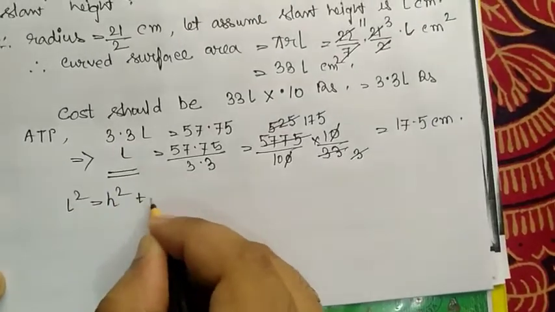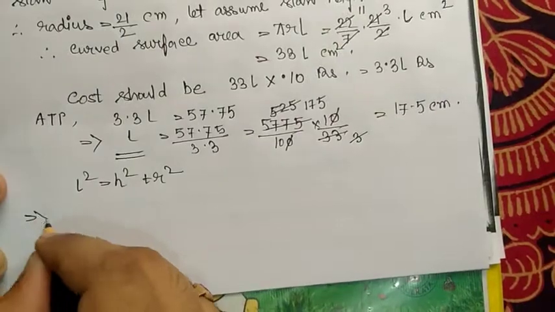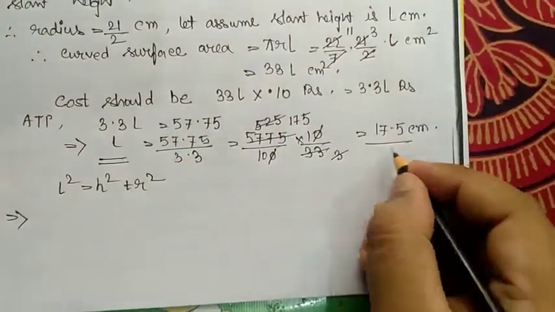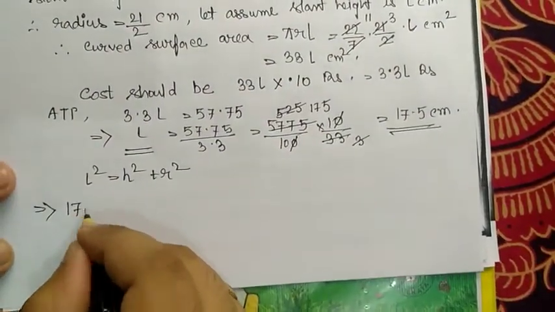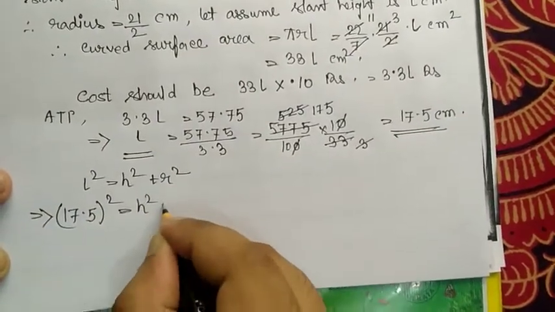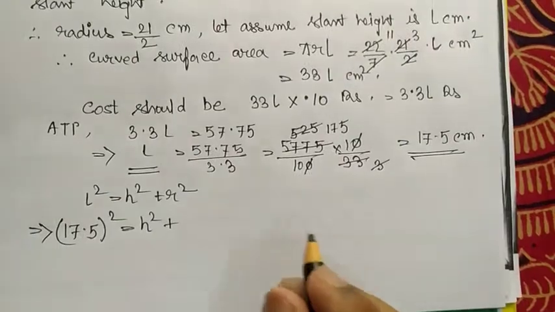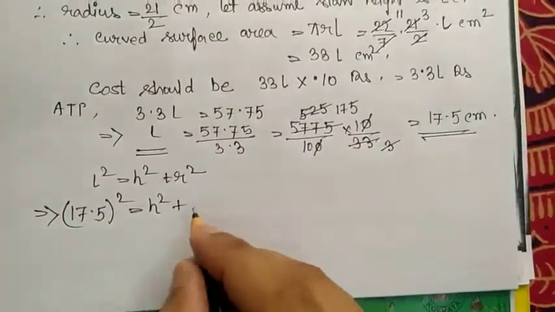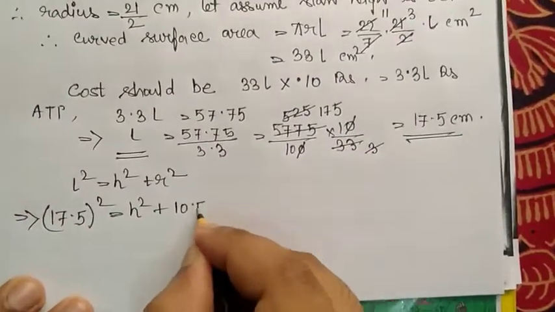We know the relationship between L square, H square and R square. So L square equals H square plus R square. According to the problem, L equals 17.5 whole square, so 17.5 whole square equals H square plus R square, where R is equal to 21/2 or 10.5 whole square.